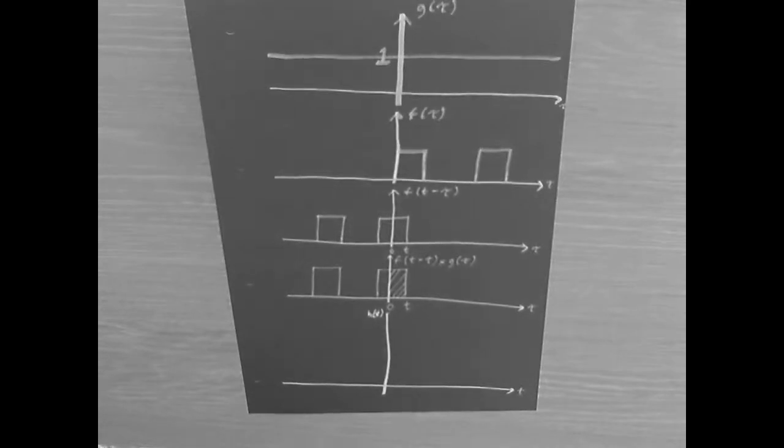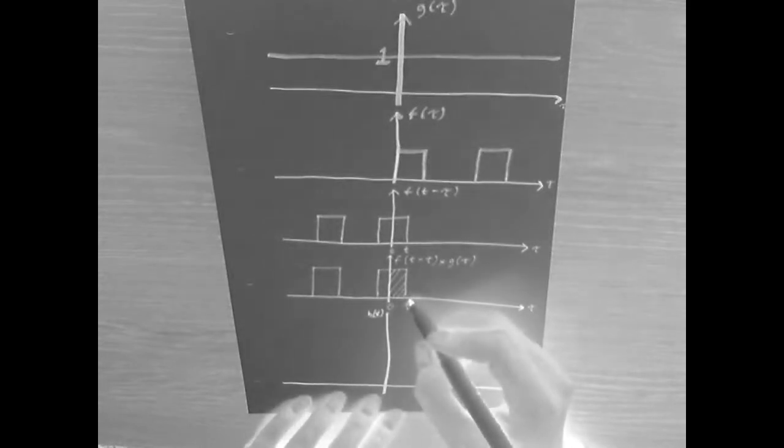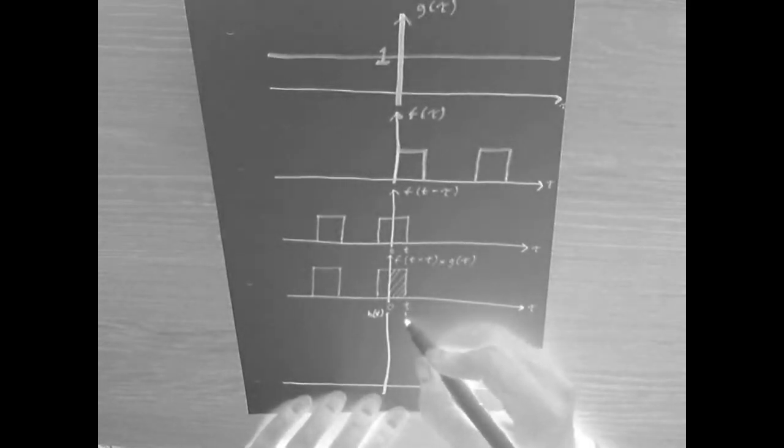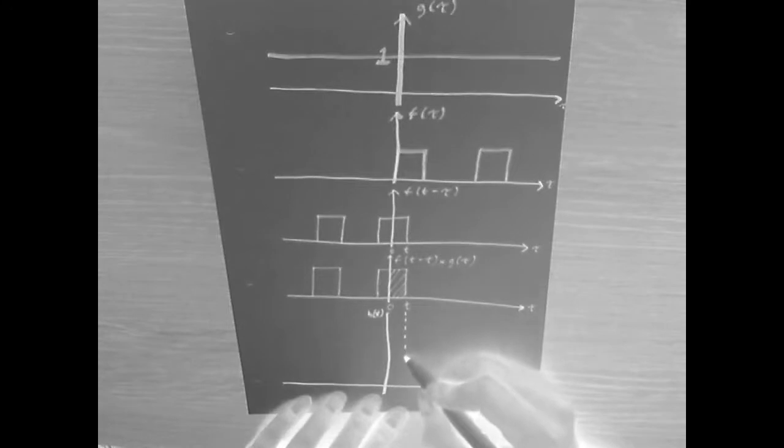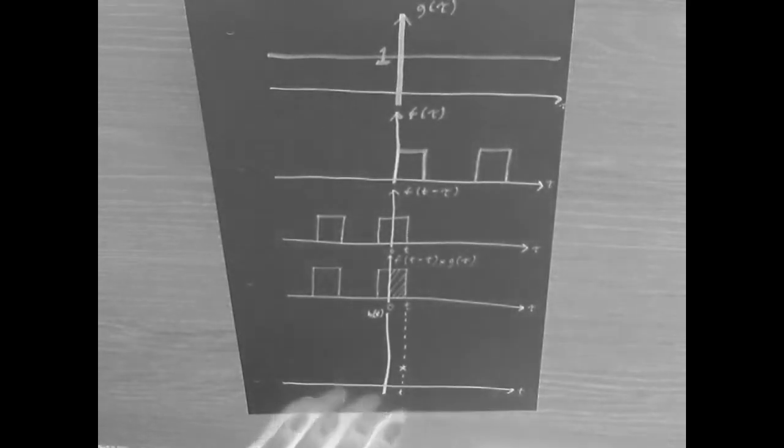What we did just now was find the response of our system for a single point in time. So what we did was find the response at this point in time. So the area underneath this curve will, let's say, appear here.